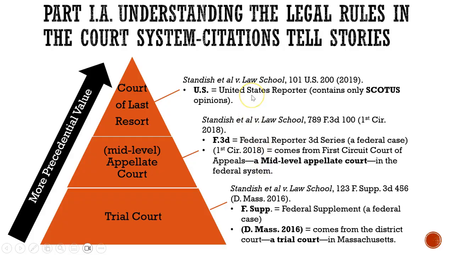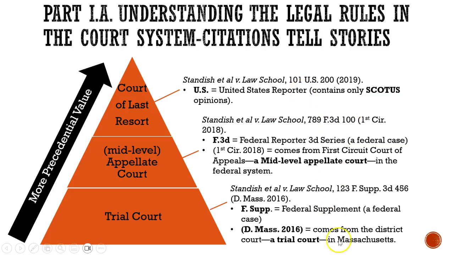And then we go up to the decisions of the court of last resort in the federal system, and the citation changes a bit. The case is located in U.S. Reporter, United States Reporter, that is, in volume 101, page 200. So this first number you see is always the volume number, and this second number is the page number where the first page of the case shows up.